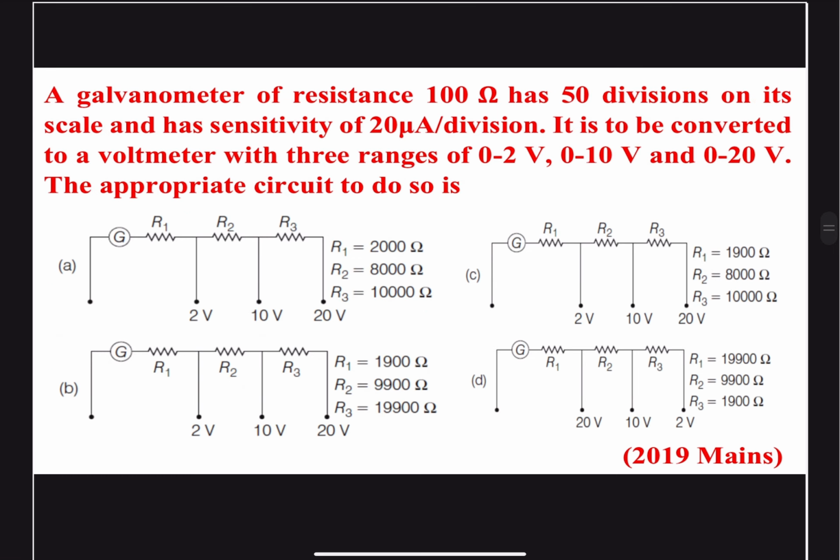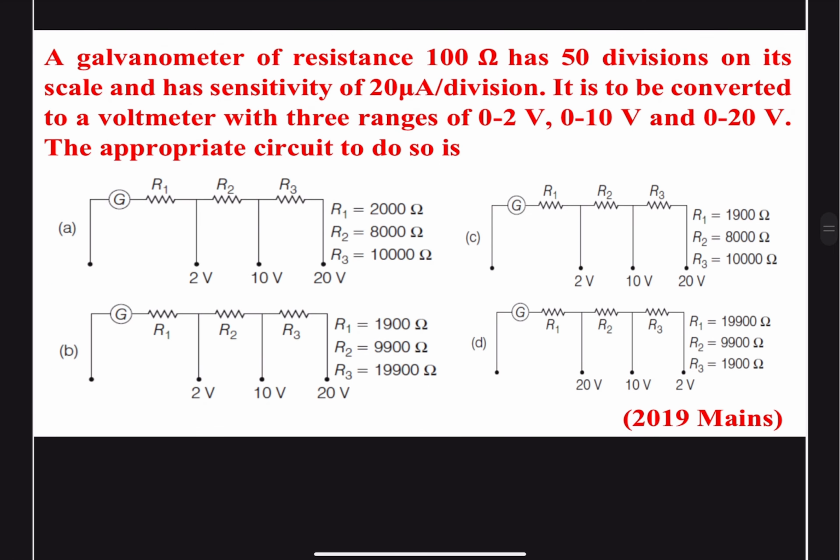We come to the next question, and this is also related with the galvanometer, asked in the year 2019. It states that a galvanometer of resistance 100 ohm has 50 divisions on its scale and has a sensitivity of 20 microampere per division.